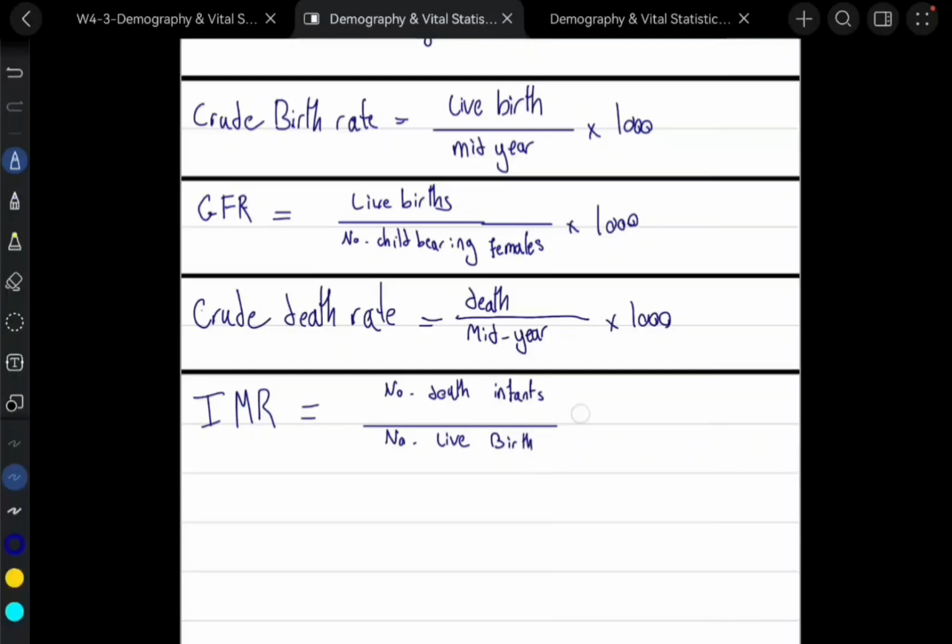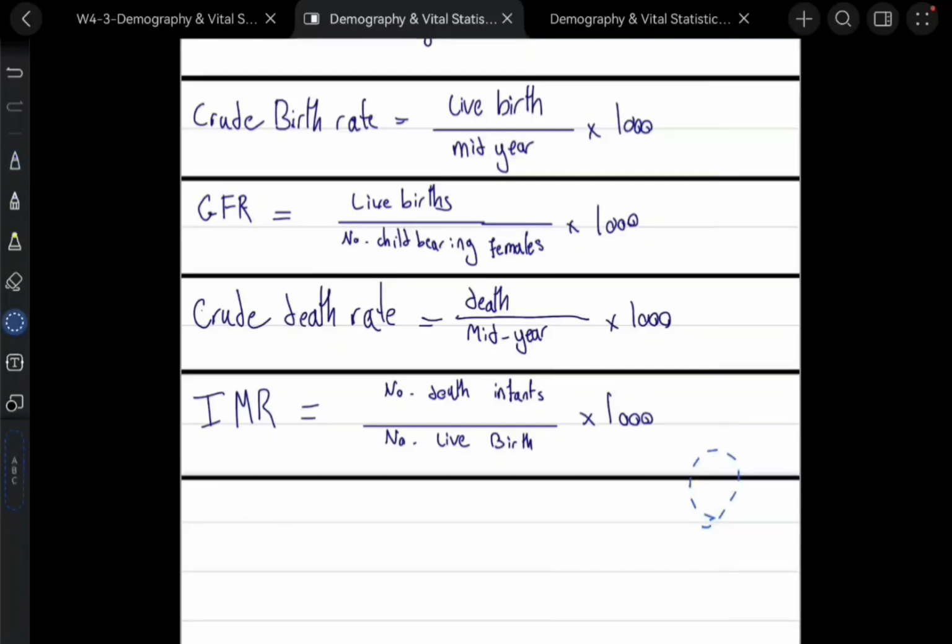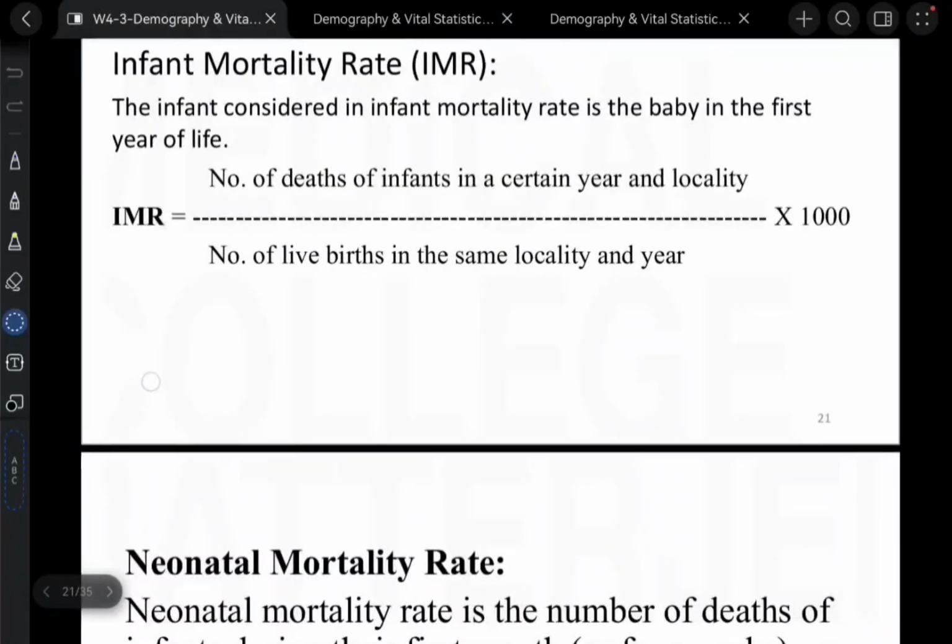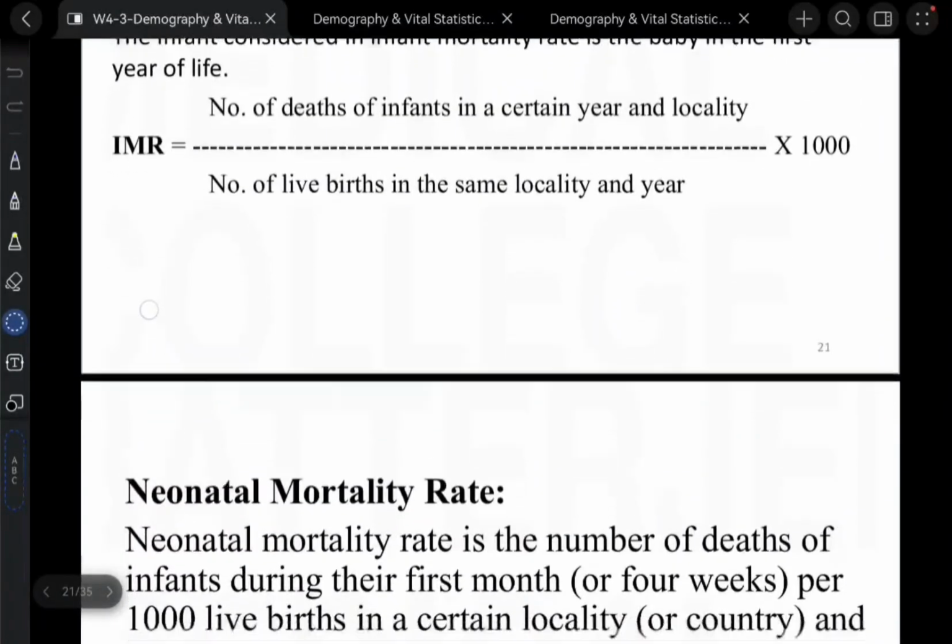Don't forget times 1,000. Don't forget that we do have a specific year and a specific place. You know, we're not just taking numbers from this year and that place randomly. But to shorten it here, I'm trying my best not to write many words. Anyways, so that's for the IMR.